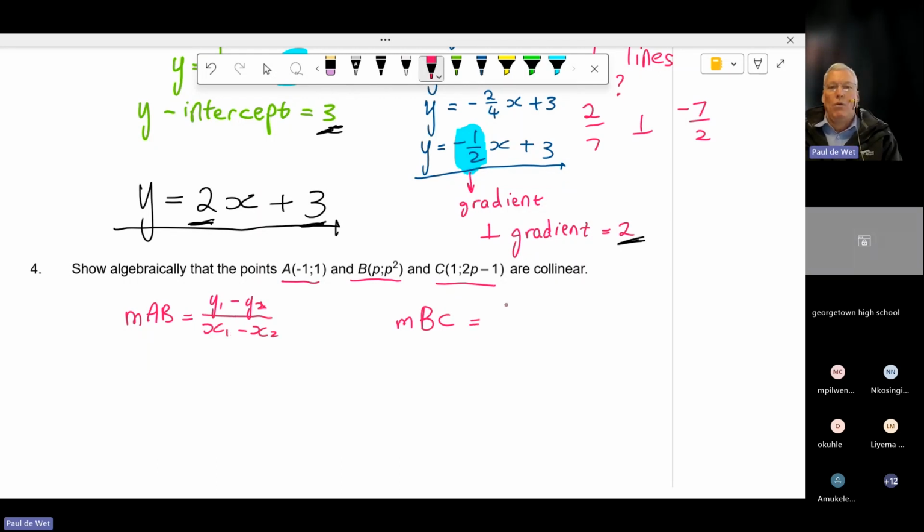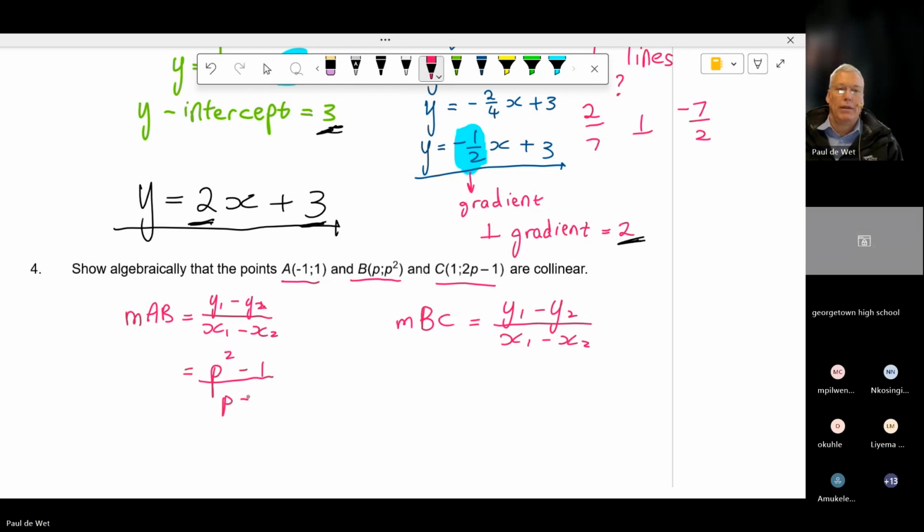And the same here, y1 minus y2, x1 minus x2. All right, so for AB, let's go p squared minus 1 over p minus 1. And I'm going to do BC at the same time here.